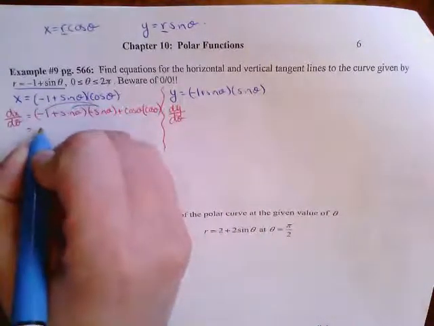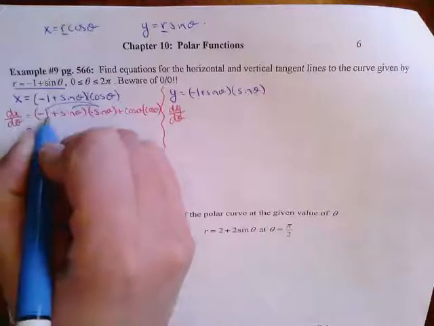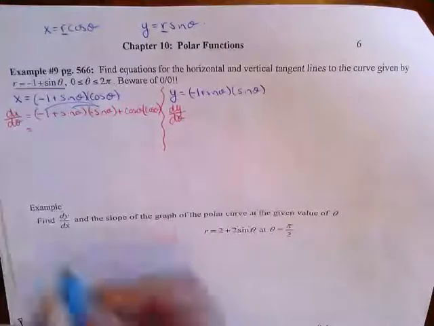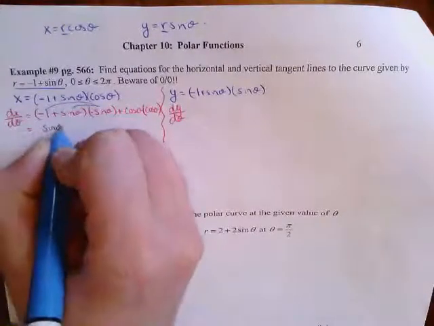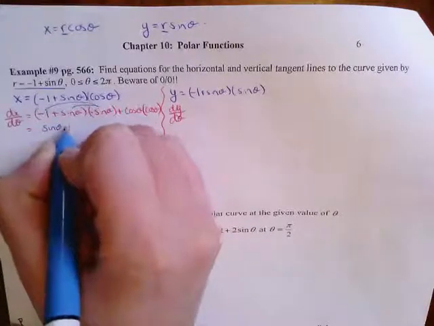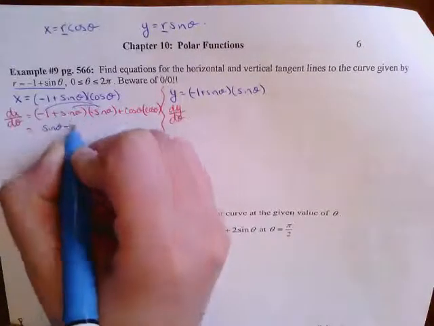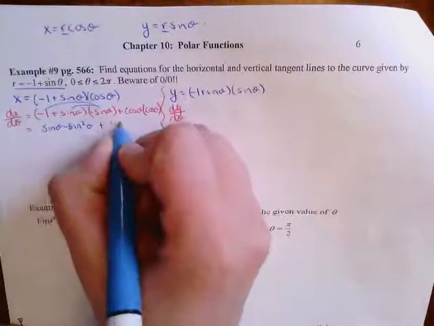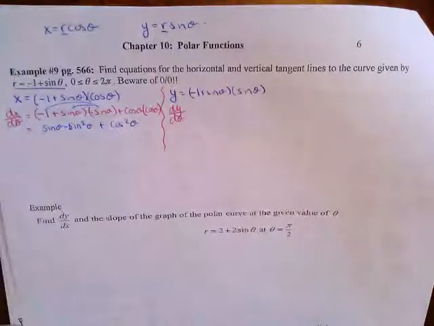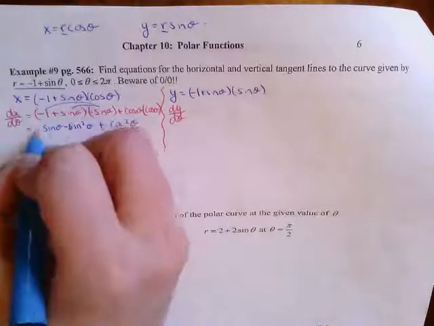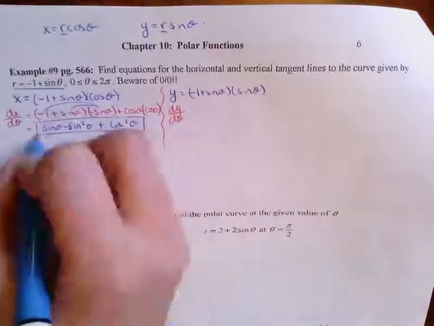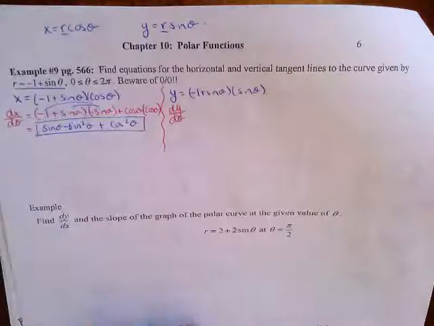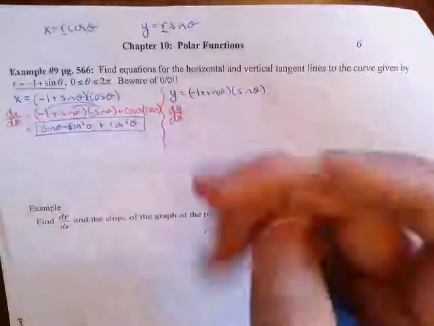So we have -1 times negative sine of theta, which is sine of theta, minus, because that's a positive and that's a negative, sine squared of theta, plus cosine squared of theta. So this is our dx d theta. We're going to do the same thing for dy d theta.